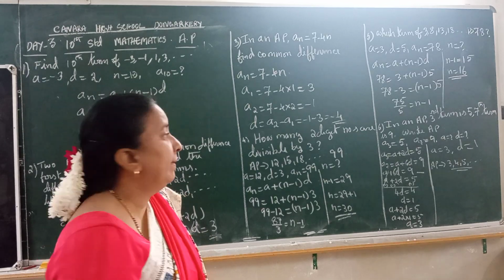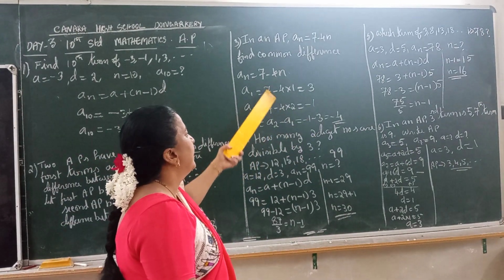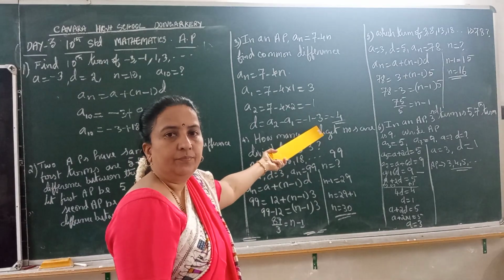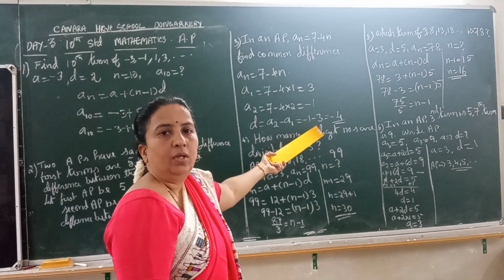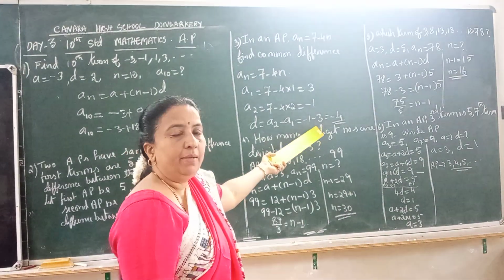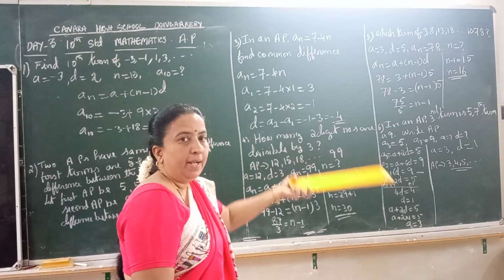Now we have to find the difference. A2 minus A1. Minus 1 minus 3. D is equal to A2 minus A1. Minus 1 minus 3, minus 4.